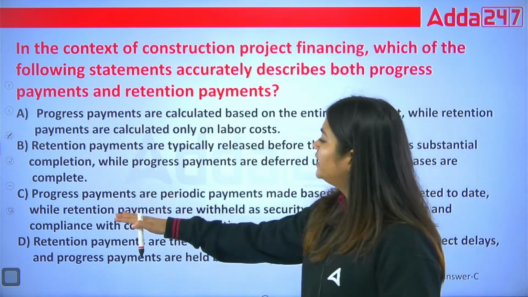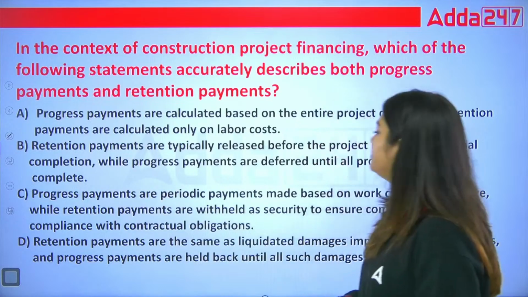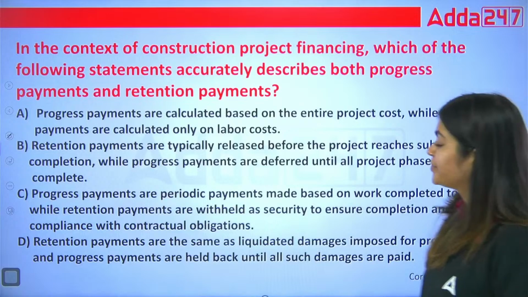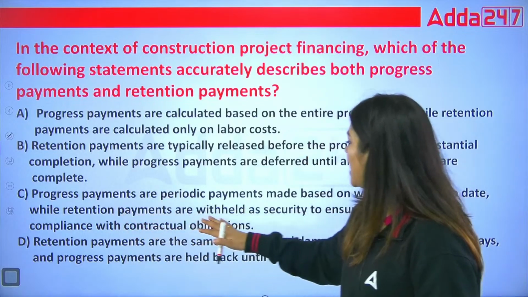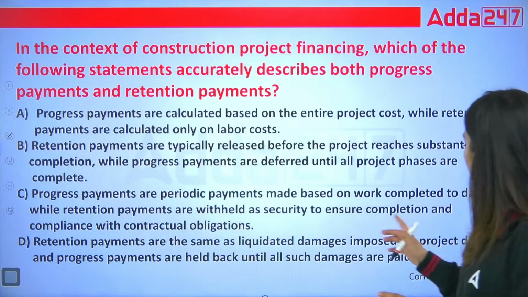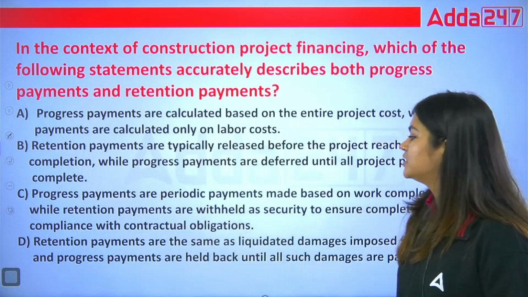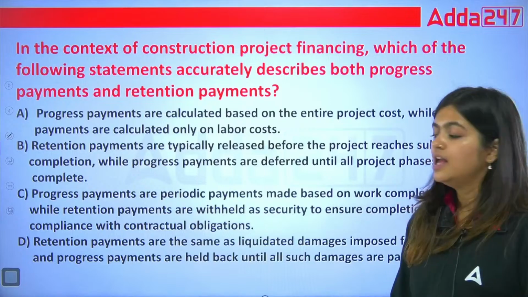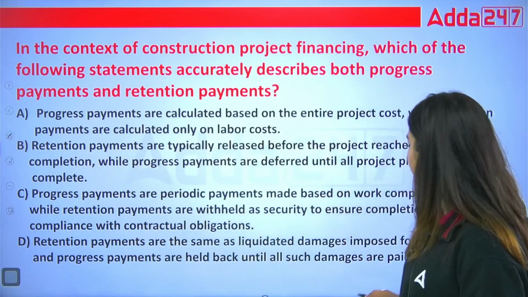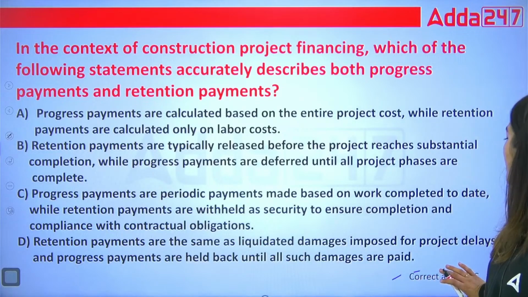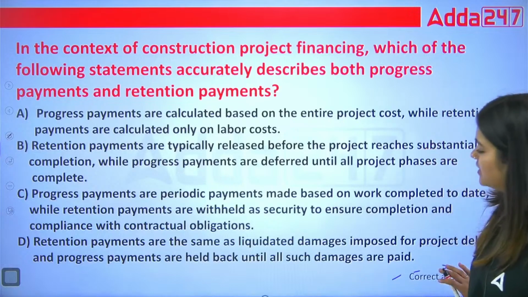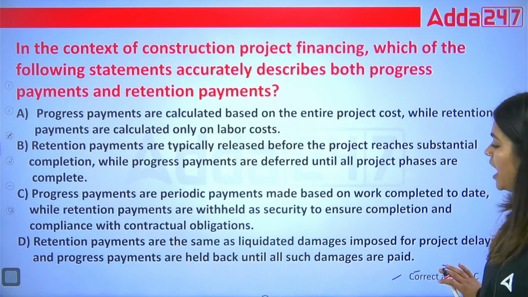C. Progress payments are periodic payments made based on work completed to date, while retention payments are withheld as security to ensure completion and compliance with contractual obligations. Last says retention payments are the same as liquidated damages imposed for project delays, and progress payments are held back until all such damages are paid.